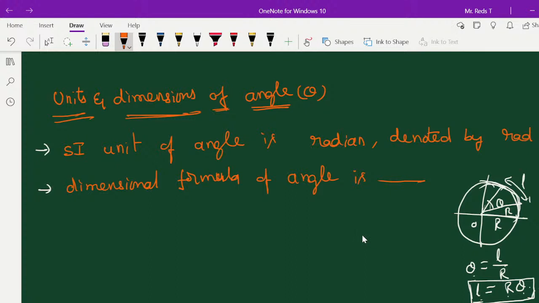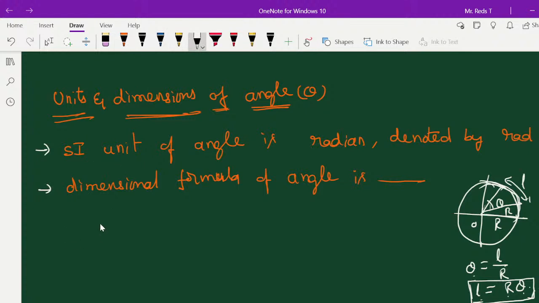While discussing angles, the supplementary quantities in the SI system, you have to keep in mind that supplementary quantities may have units, but they are dimensionless quantities. That is what you have to remember. So if you come across a question on the dimensional formula of angle, your answer should be: it is a dimensionless quantity.